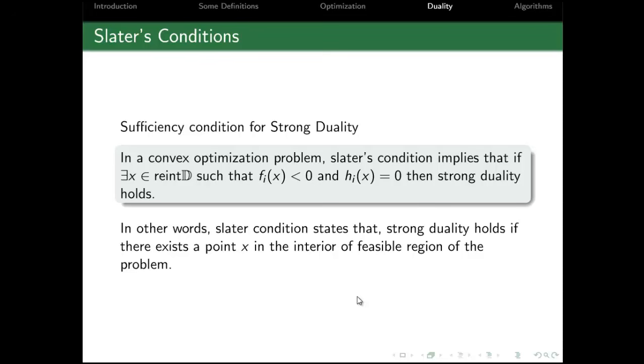Here we require the inequality constraints to be strict, and the point should belong to the relative interior and not the boundary. So for any convex optimization problem, if there exists a point inside the feasible region, then strong duality surely holds. Note that this is only for convex optimization problems and not a general result.